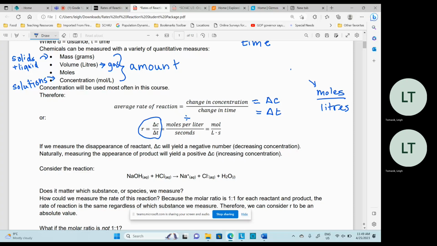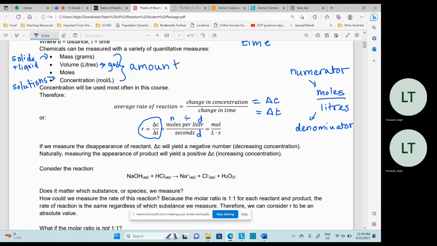We call the top of the fraction the numerator, and we call the bottom of a fraction the denominator. So when we write moles per liter as a fraction, the moles is in the numerator and the liters is in the denominator. The seconds in our equation is also in the denominator of a fraction.